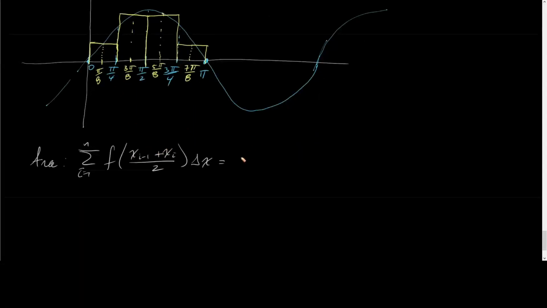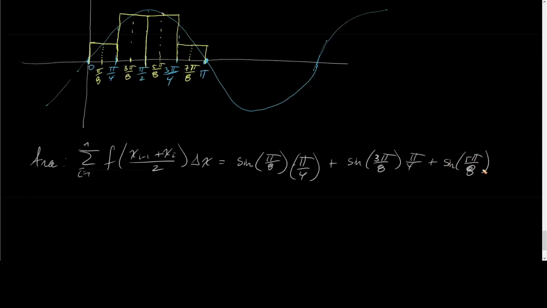So we're going to have sine of our midpoint pi over 8, times pi over 4, plus the next midpoint, sine of 3 pi over 8 times pi over 4, plus the next midpoint, sine of 5 pi over 8 times pi over 4, and then plus, lastly, sine of 7 pi over 8 times pi over 4.